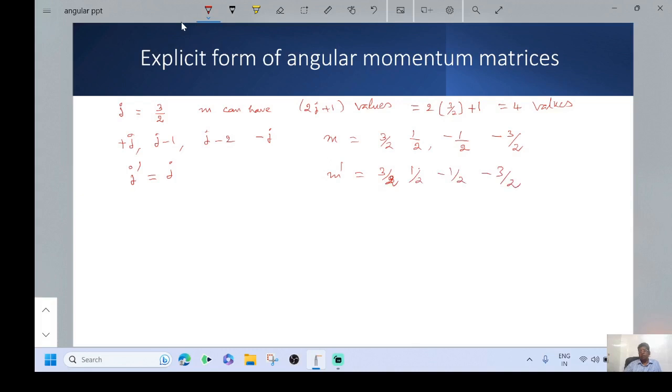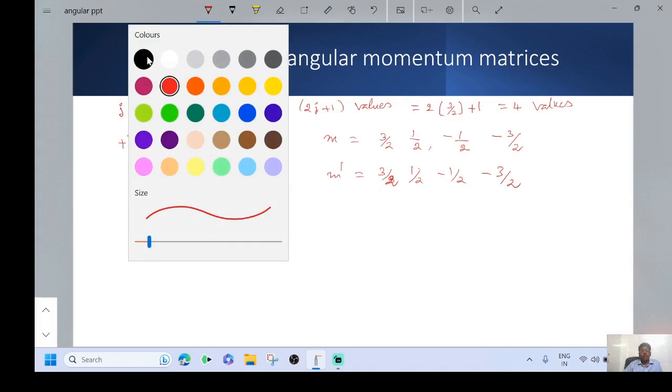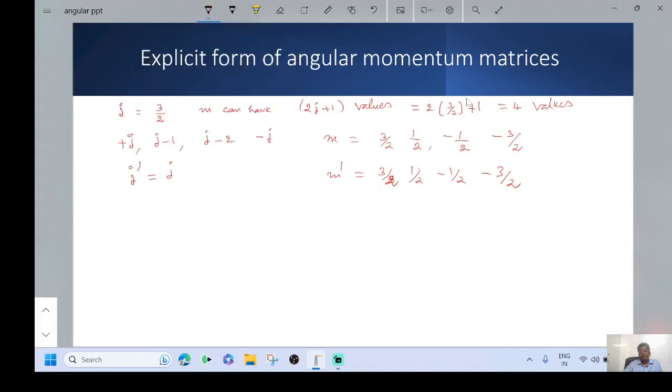While writing the explicit form, we have to change the value of m row-wise and m dash column-wise. See here, for 2j plus 1, you may have 4 values of m. Therefore, the matrix has 2j plus 1 rows and 2j plus 1 columns, that is 4 rows and 4 columns.